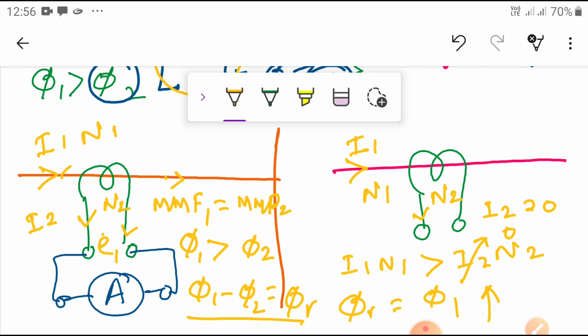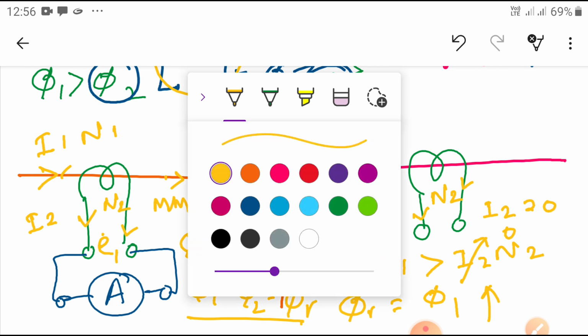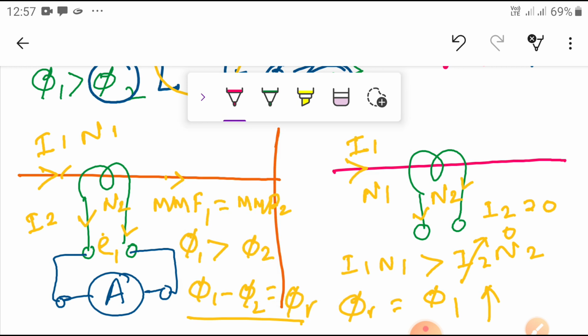This high flux links with the secondary turns. Then what will happen? It induces the EMF, and the core also saturates. Then the induced EMF at the terminals, E1 dash when the terminals are opened, is a very high voltage.